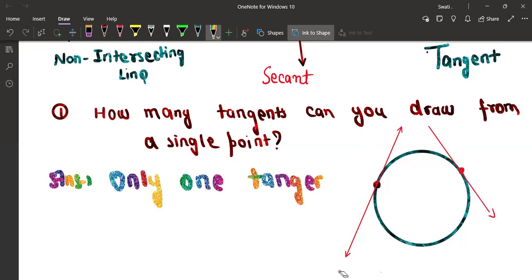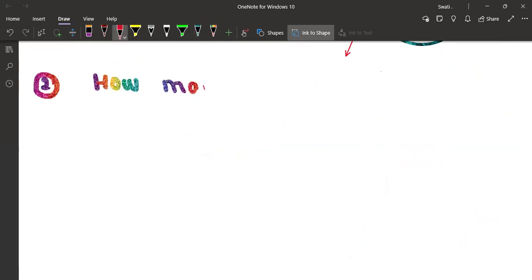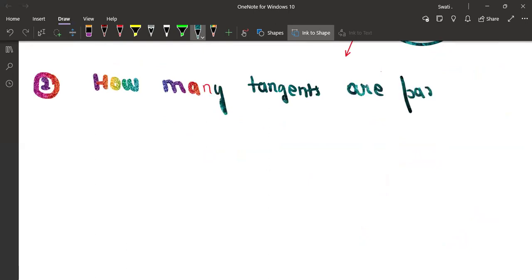Okay. Next question. How many tangents are parallel? These are some basic things that you should know, so let us just cover those things. How many tangents are parallel on a single circle?